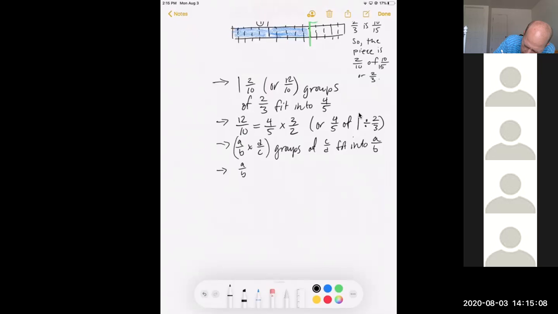So A over B times D over C, groups of objects. Remember that this is groups of objects. Okay, we can know how that works with multiplication. Here's my groups, and then here's my objects.